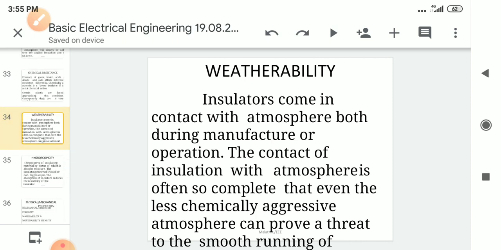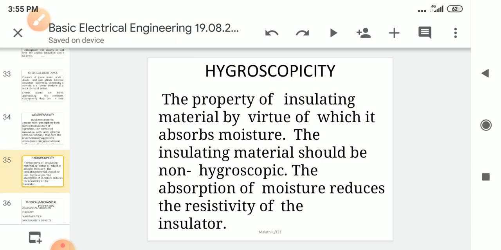That's why the hygroscopic nature is important. What is hygroscopicity? The property of an insulating material by virtue of which it absorbs moisture. The insulating material should be non-hygroscopic. The absorption of moisture reduces the resistivity of the insulator material.